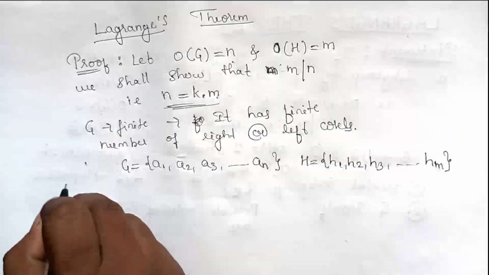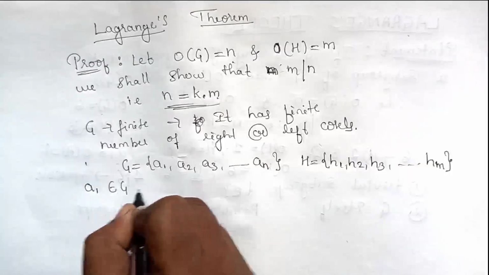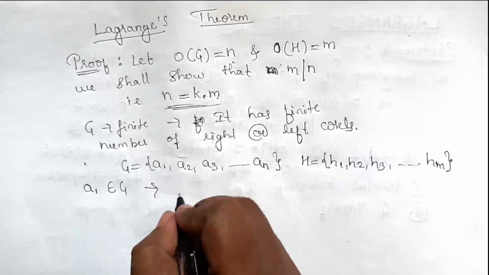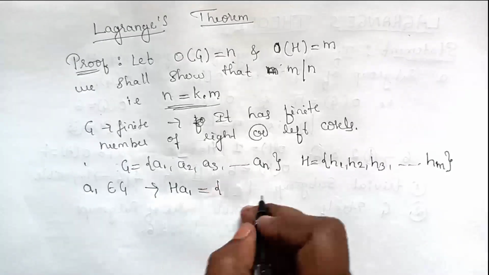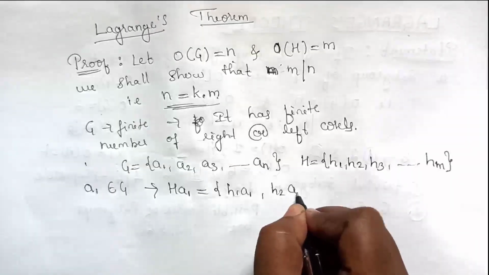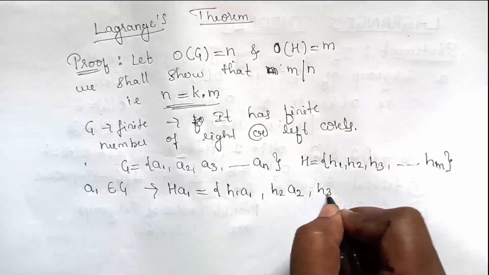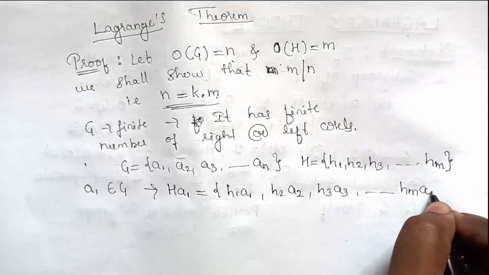Now we form the right cosets. Let a1 belong to G, then the right coset Ha1 is of the form h1a1, h2a1, h3a1 and so on up to hma1.